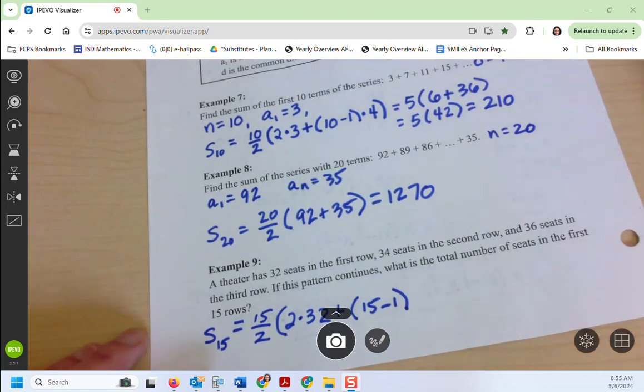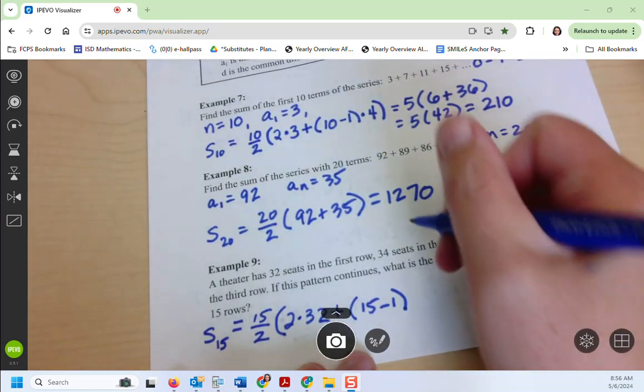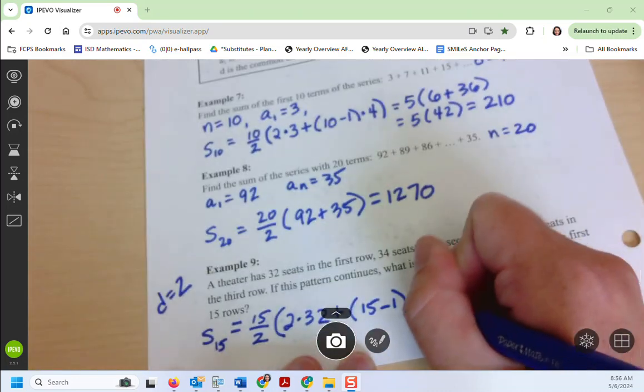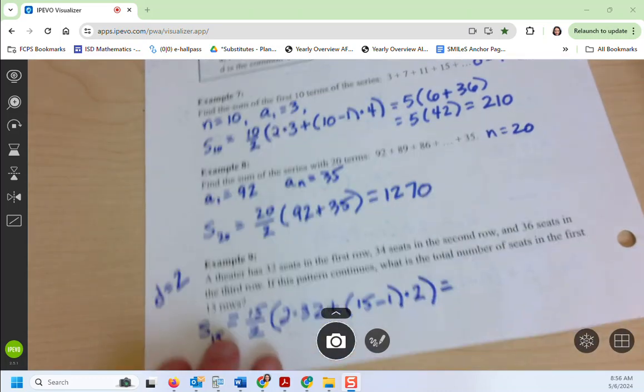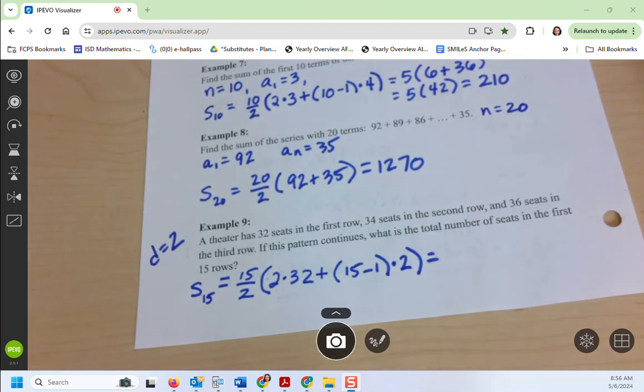Oh, how much is d, guys? Why is it 2? 34 minus 32, good. So d is 2 because we're going up 2 seats each row. And you can also find it by subtracting the second one minus the first one. So d equals 2 seats. So I'm going to do times 2. Okay, if you haven't calculated that yet, go ahead and calculate it and we'll see if we get the same answer. Okay, are you guys getting 690?